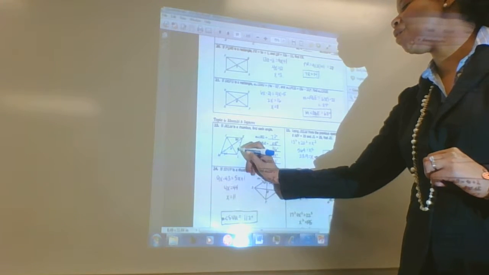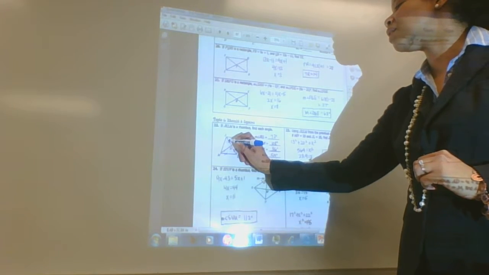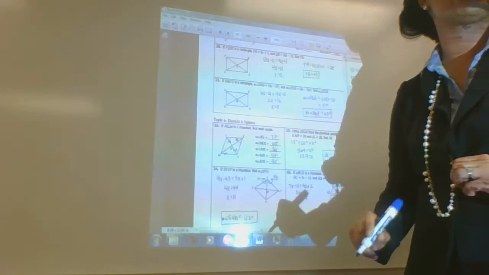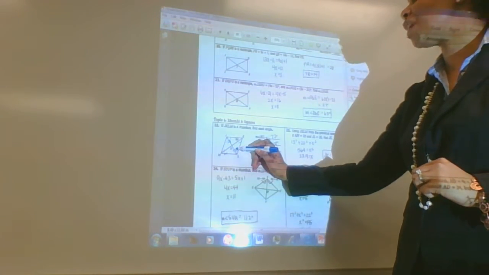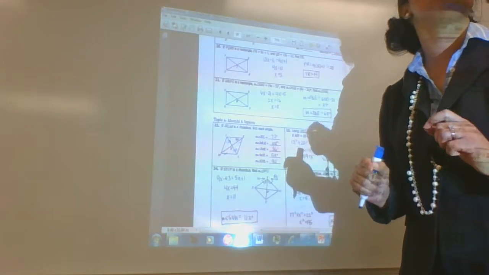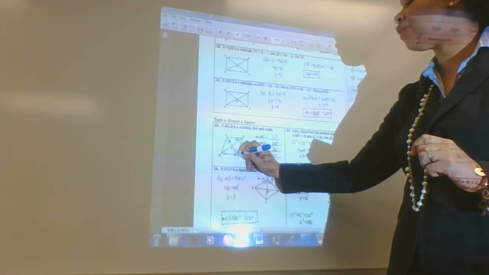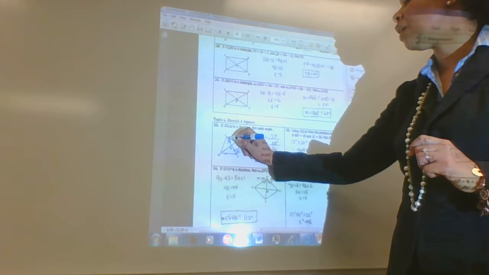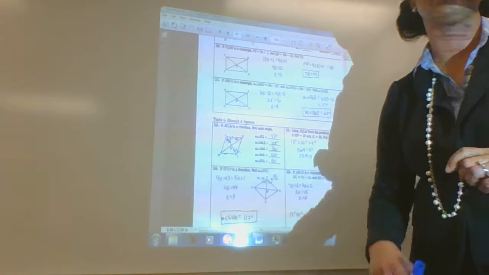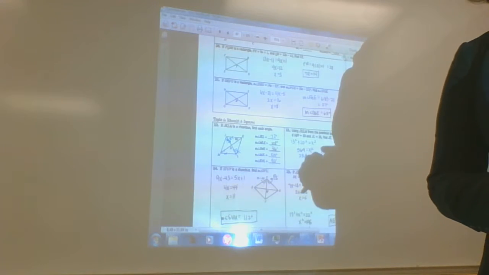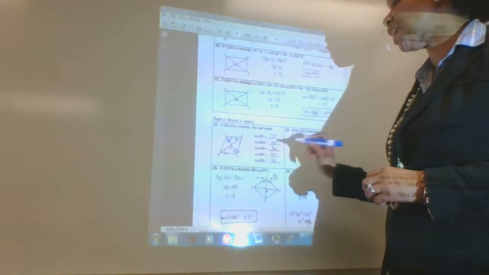What does this entire angle equal? 72. So this is going to be what? 108, because together they must equal what? 180. You divide it into two equal parts, so we know this is going to be 54 degrees. What do we know about the diagonals of a rhombus? They're perpendicular, correct? That's where I got the 90 from.